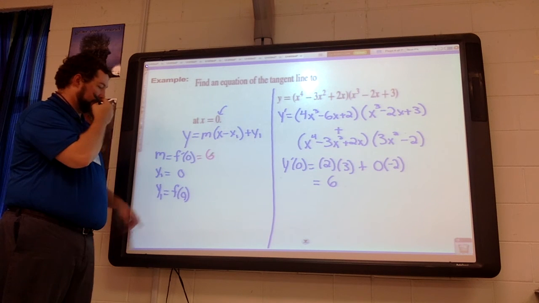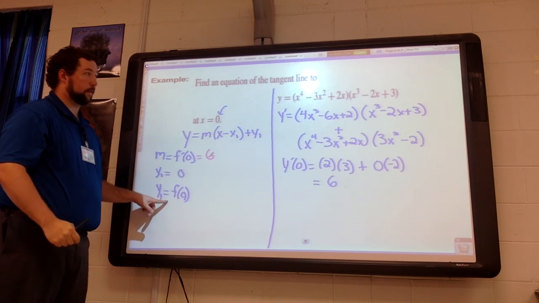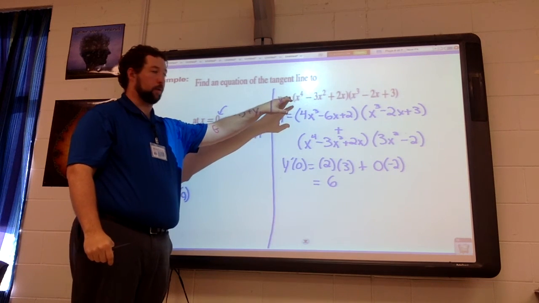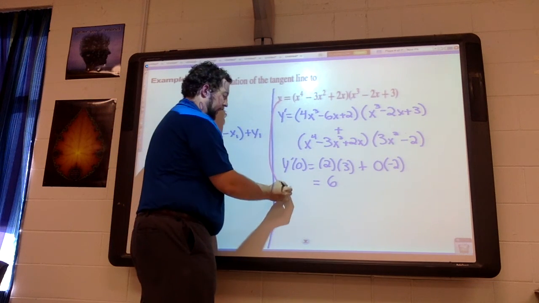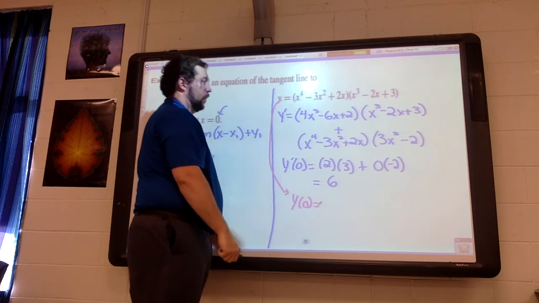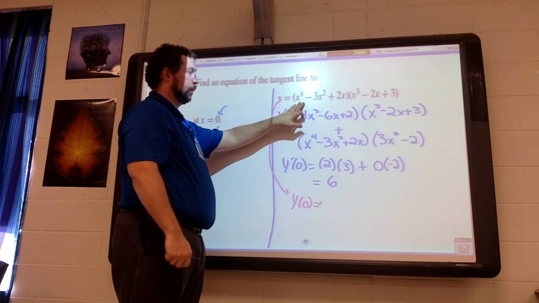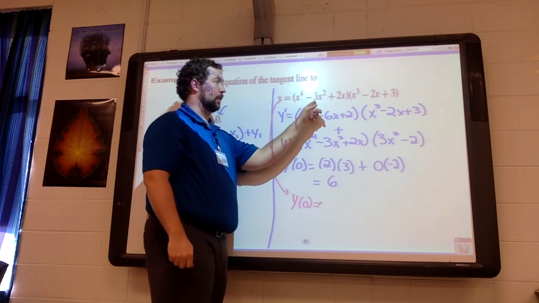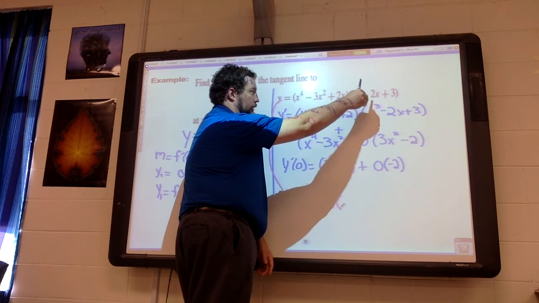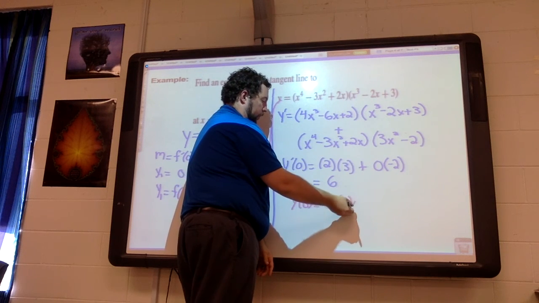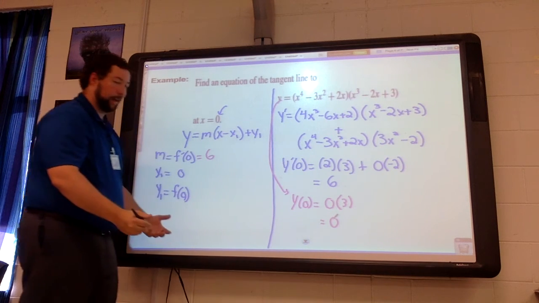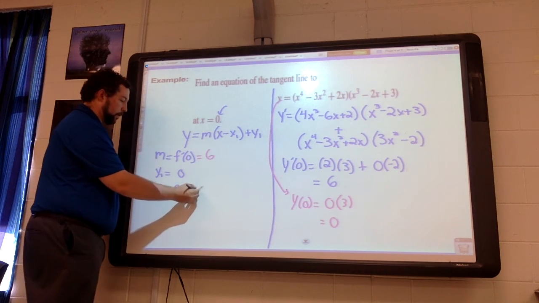All right, we also need to find what our y1 is. We can do that by just plugging in 0 to the original equation. All right, so I'll bring that down. To find the y value at 0, I plug 0 in, which turns out here, I got 0 minus 0 plus 0, so I have 0 times 0 plus 0 plus 3, which is 3, and that actually turns out to be 0. Not very interesting on this one.